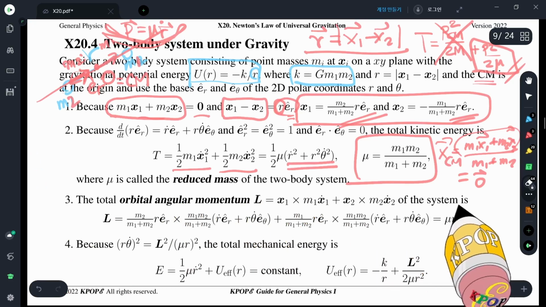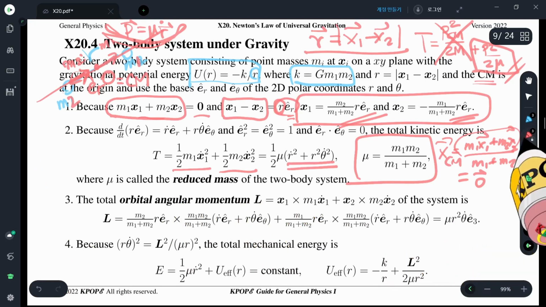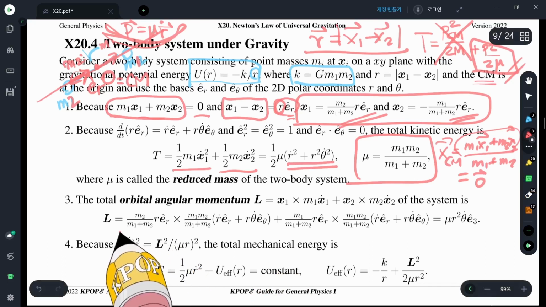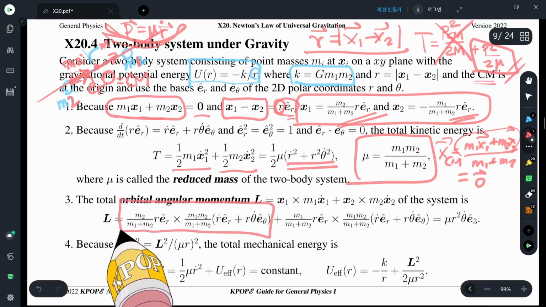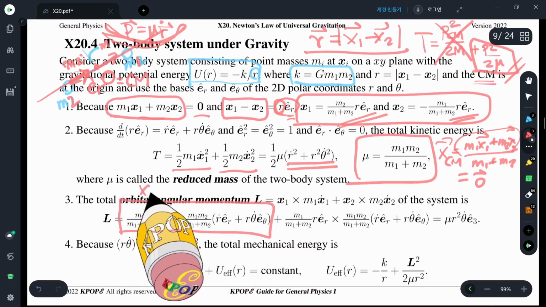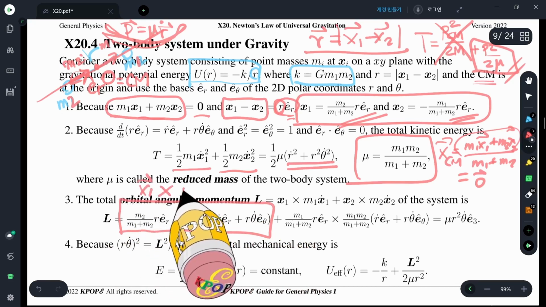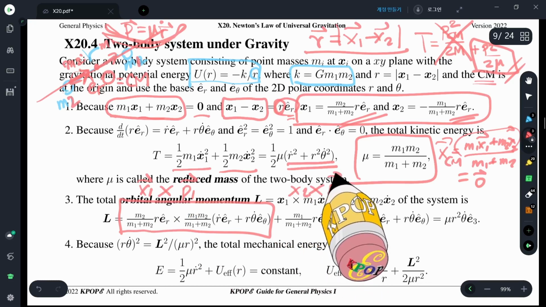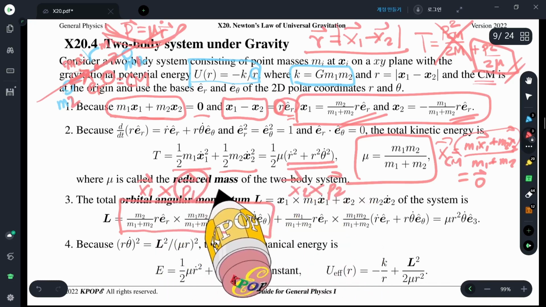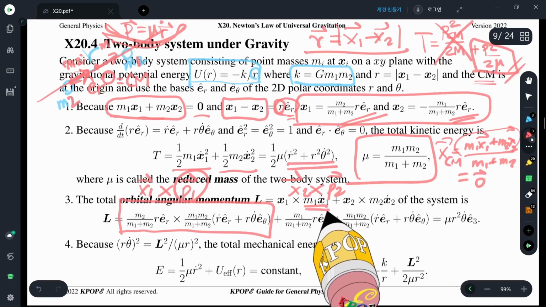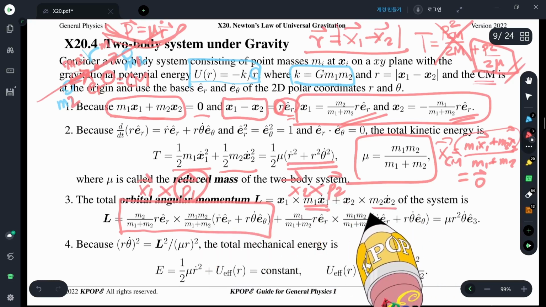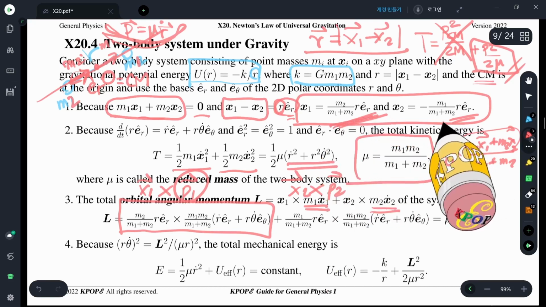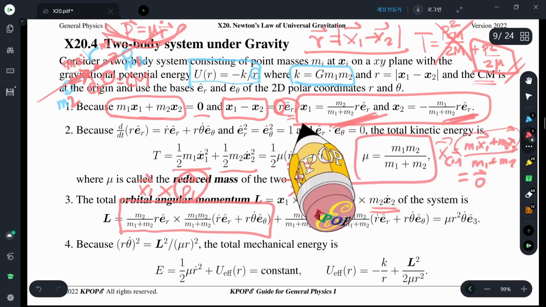Alright, next we consider the orbital angular momentum of the two-particle state. This is x1 cross p1 plus x2 cross p2, where p1 equals m1 x1 dot and p2 equals m2 x2 dot. I made use of this to find the derivative.